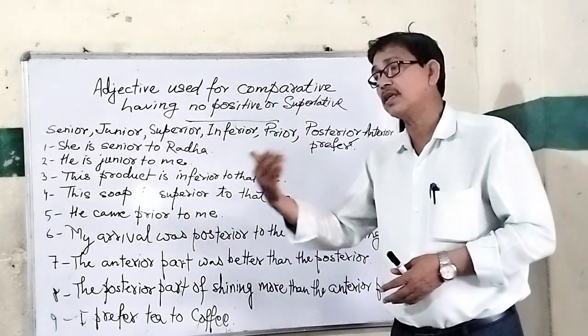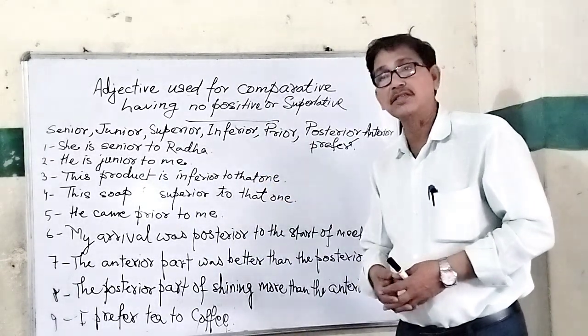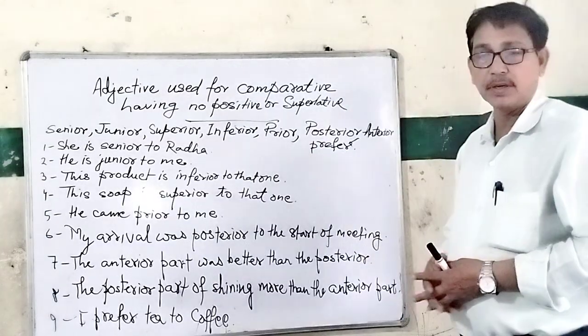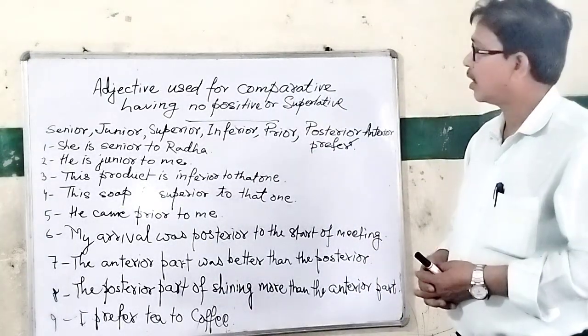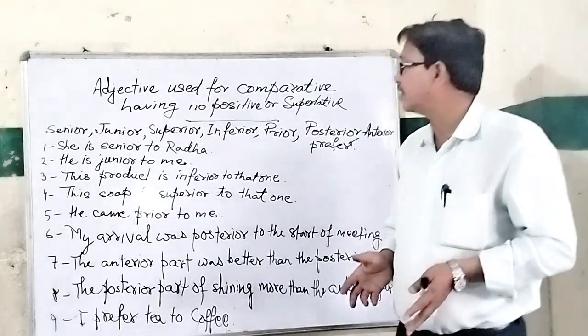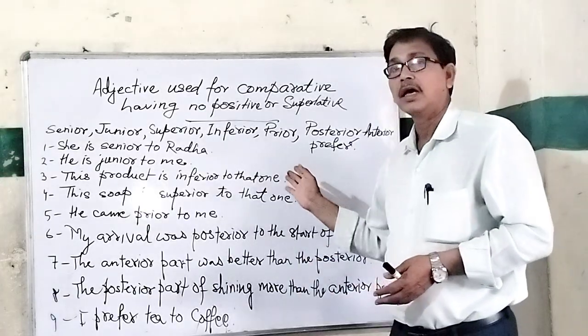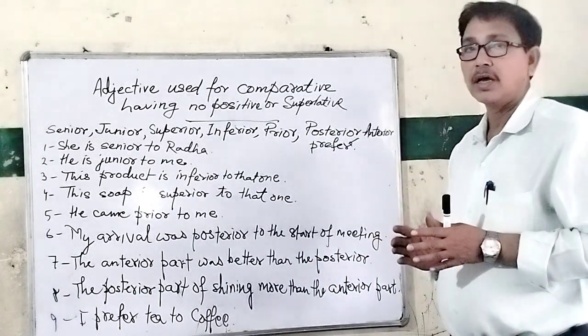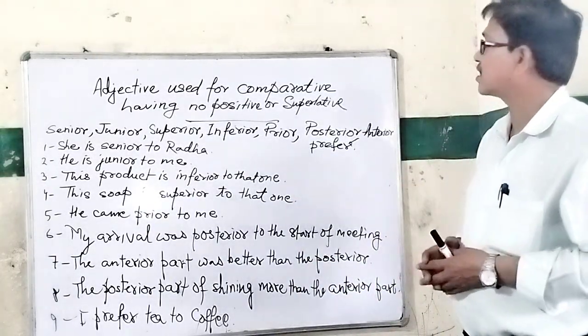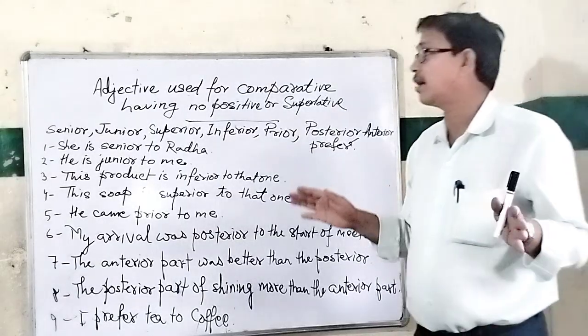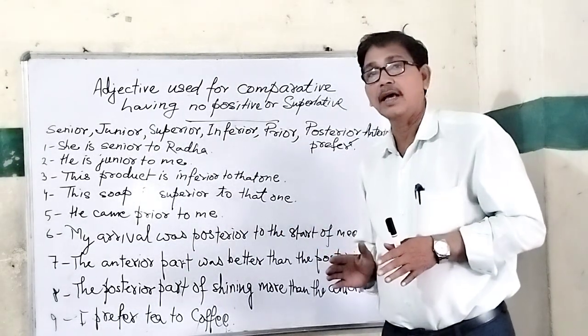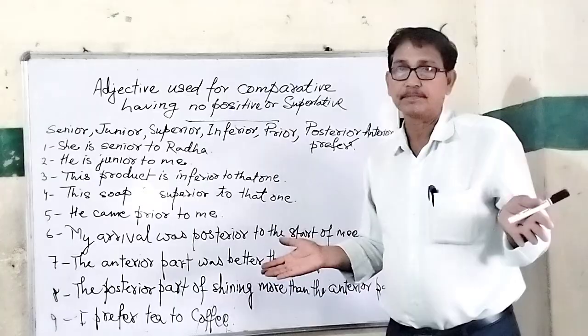Sometimes we use them to increase or decrease importance. But today in this video we are going to see some adjectives which are used as comparative but they don't have superlative and positive degree.